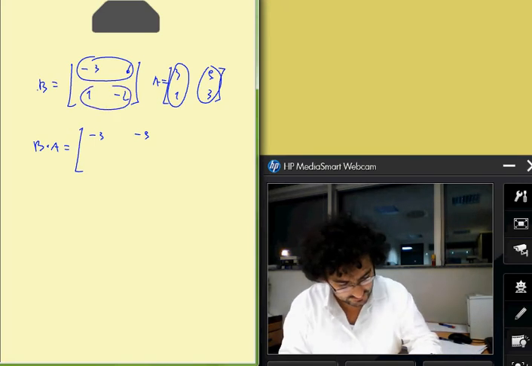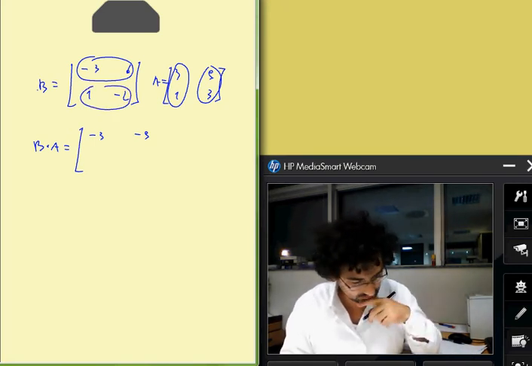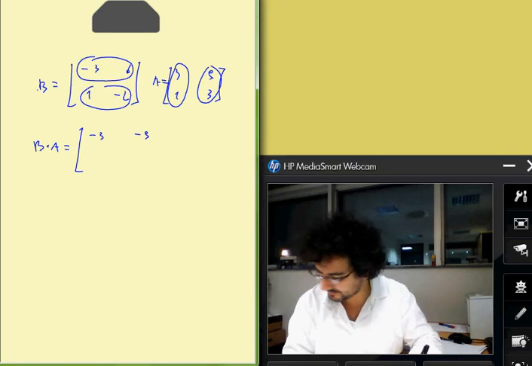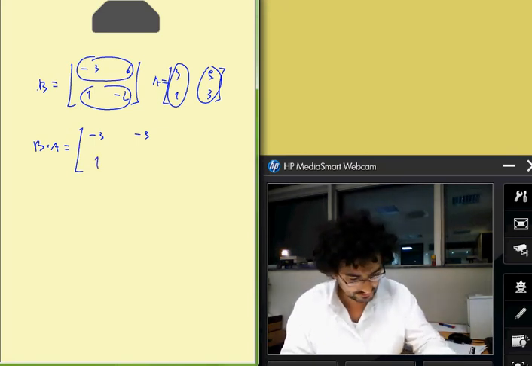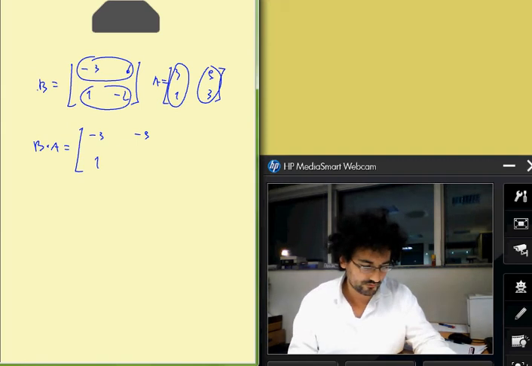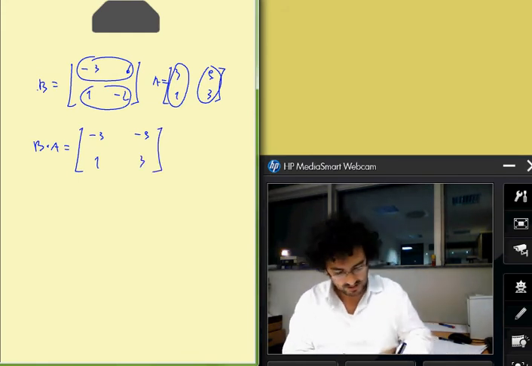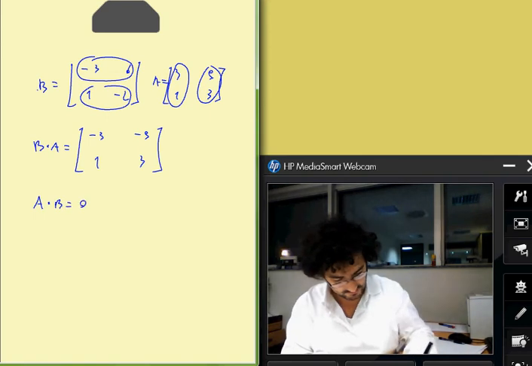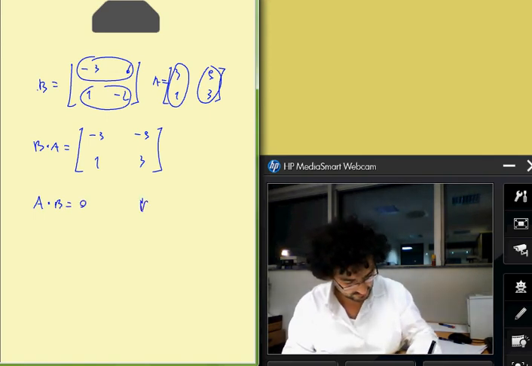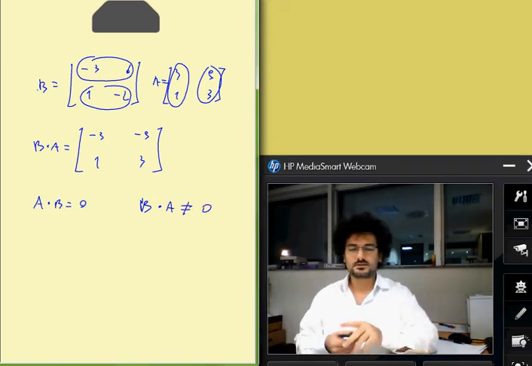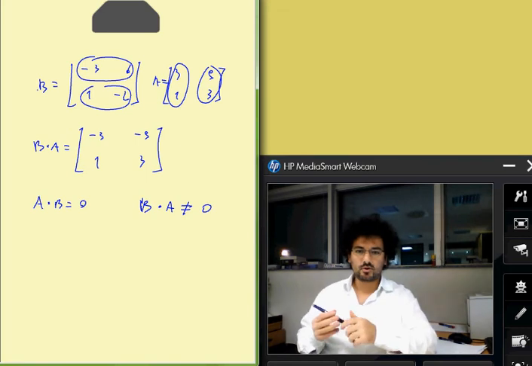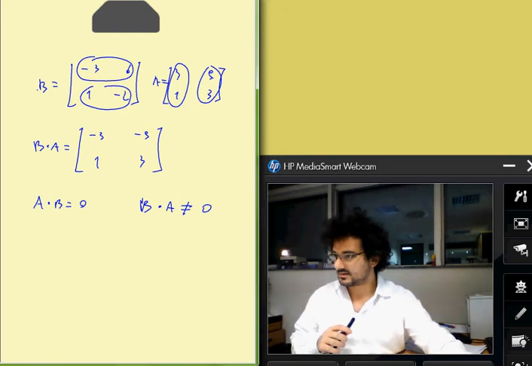Then we take second row and first column, so we have 3 minus 2, 1, and then second row, second column, which is 9 minus 6, 3. As you can see, A times B is equal to 0, but B times A is other than the zero matrix. So this is a very important property of the zero matrix and the product between two matrices.